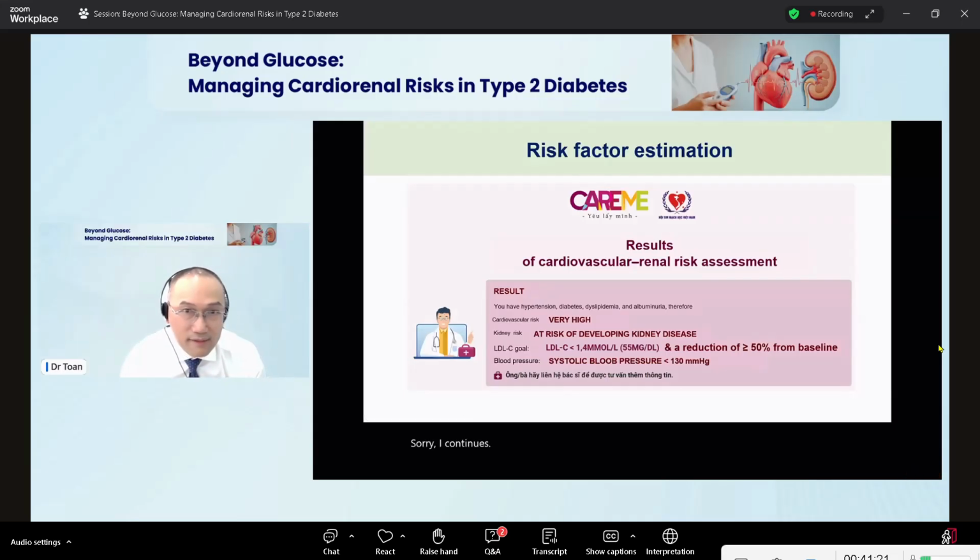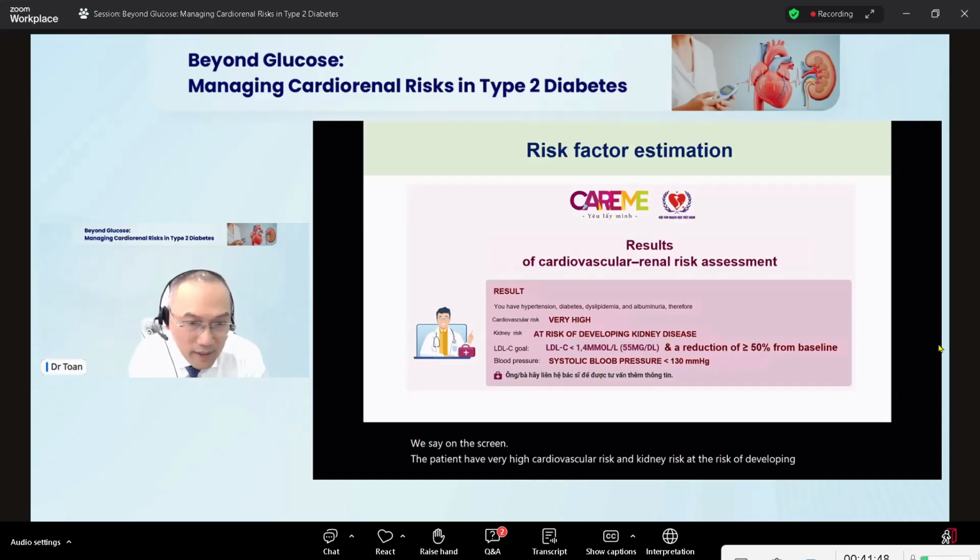After we use the Caribbean tool for assessment of risk factors, we see on the screen the patient has very high cardiovascular risk and kidney risk, at risk of developing kidney disease.